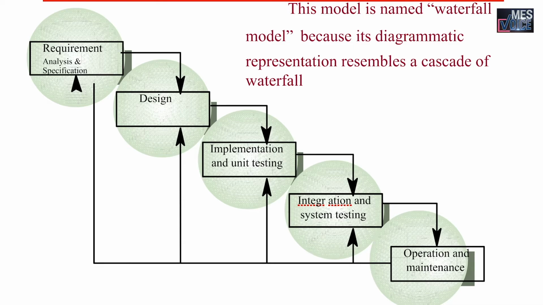And system testing consists of three different kinds of testing activities. The first one is alpha testing, the second one is beta testing, and the third one is acceptance testing. What is alpha testing? It is the system testing performed by the development team. The second one is beta testing. It is system testing performed by a friendly set of customers.